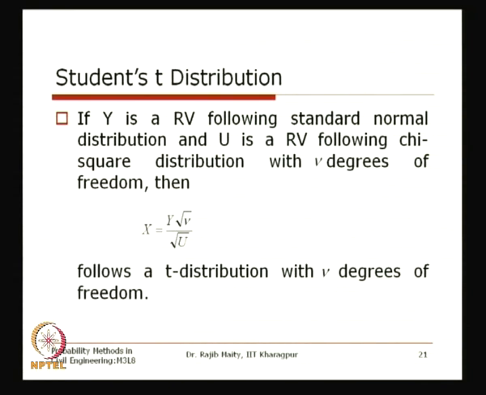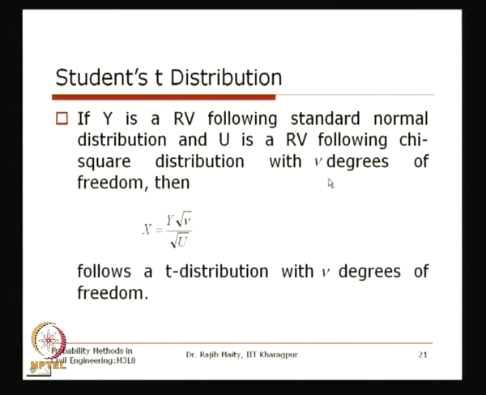If y is a random variable following the standard normal distribution and u is a random variable following the chi-square distribution with nu degrees of freedom, then if we get another random variable like this, that is y divided by the square root of the chi-square variable normalized by its degrees of freedom, u by nu whole square root, this quantity is another random variable, and it has been found to follow the student T distribution.